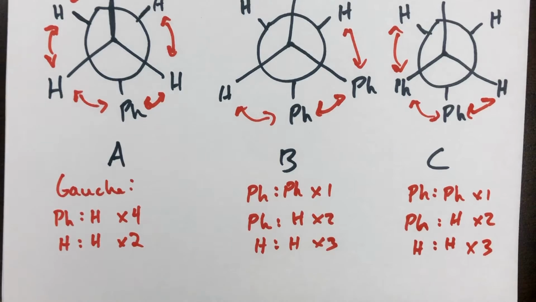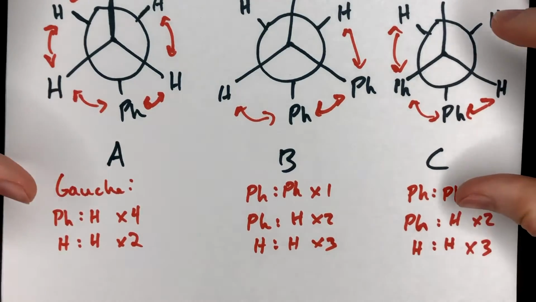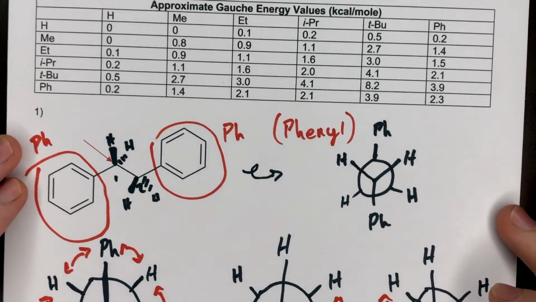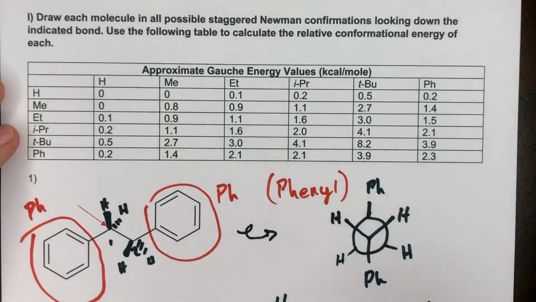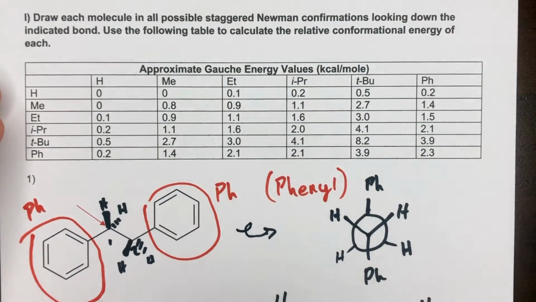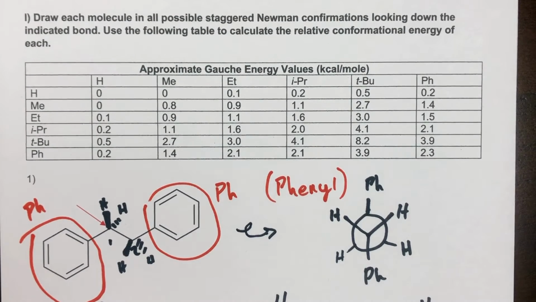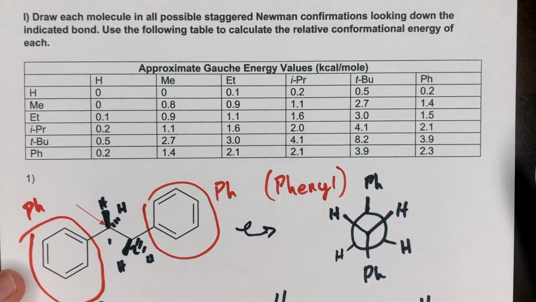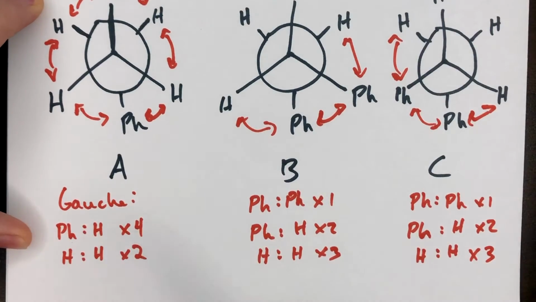Now we have to assess the energy of these types of interactions. So we have to go to our table, all the way up here. This tells us the approximate gauche energy values. How you interpret this table is you simply look at the 2 substituents that are involved in your gauche interaction and determine where that energy falls. If we go back to our first molecule, it's a phenyl-hydrogen interaction.